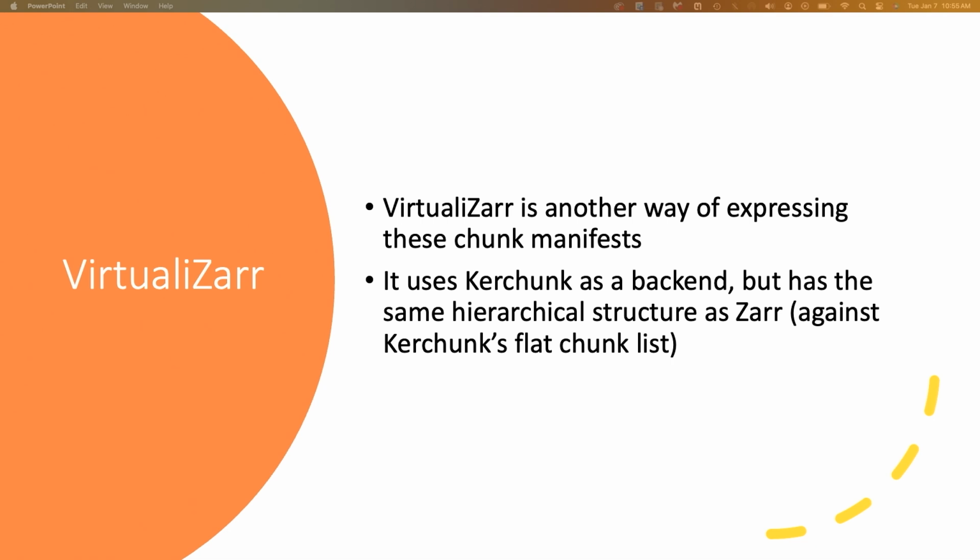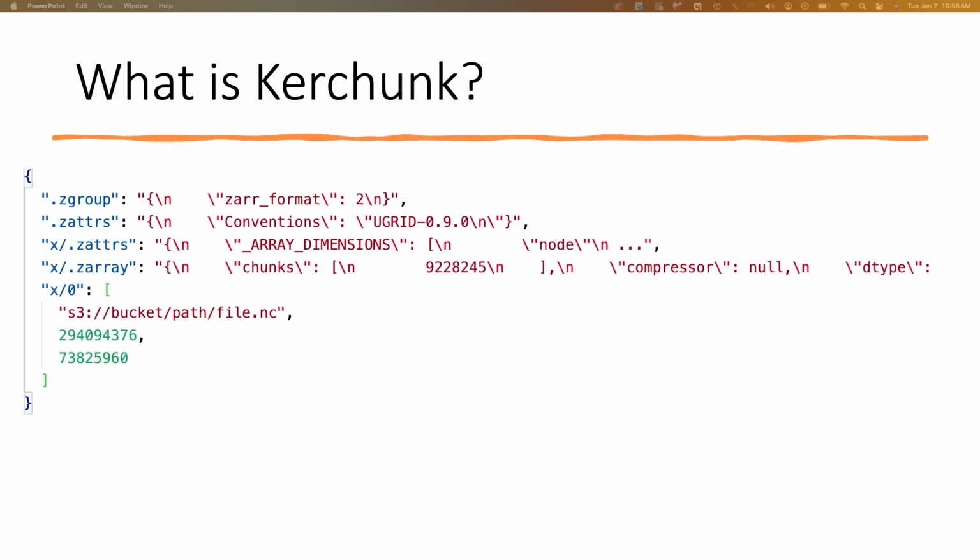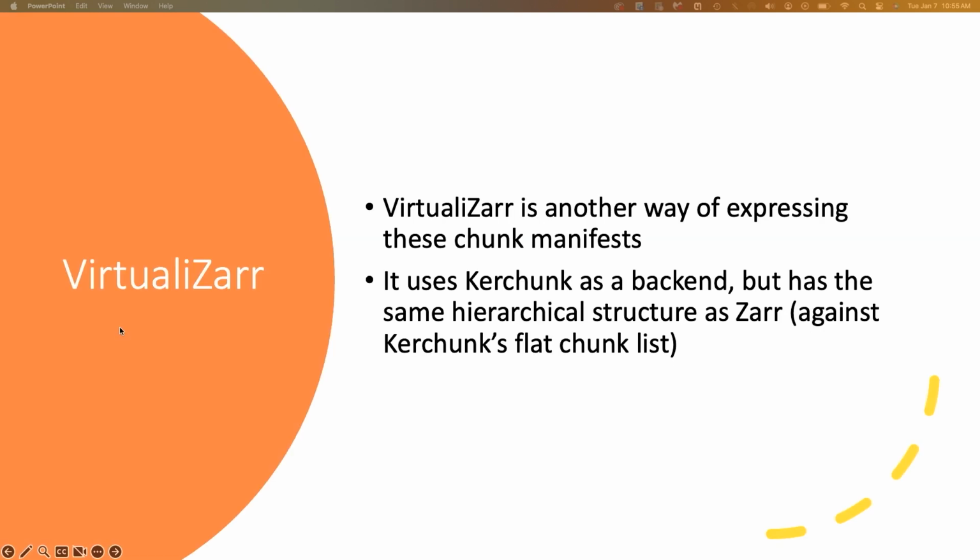What you gain with this is a little bit of hierarchical structuring, which Kerchunk doesn't have, because that is just a list of file names. And now VirtualiZarr is actually built on top of Kerchunk. So all the capabilities that Kerchunk has, VirtualiZarr has as well. It can emit Kerchunk files and things like that.